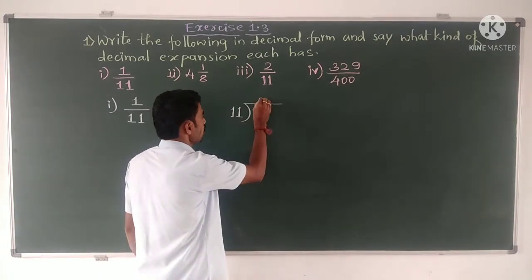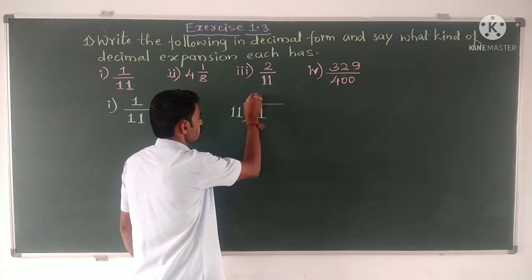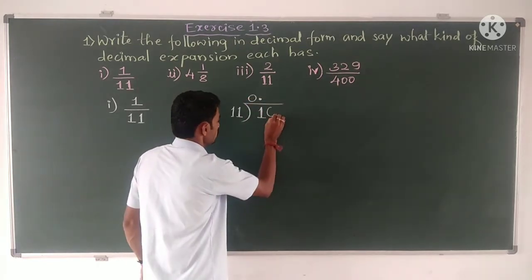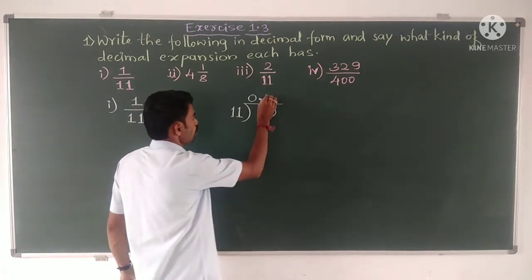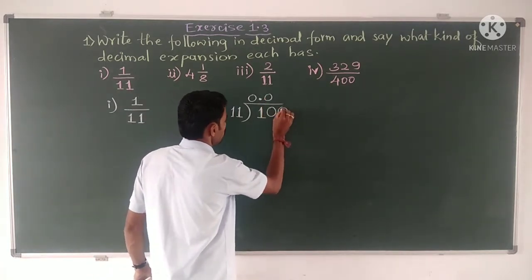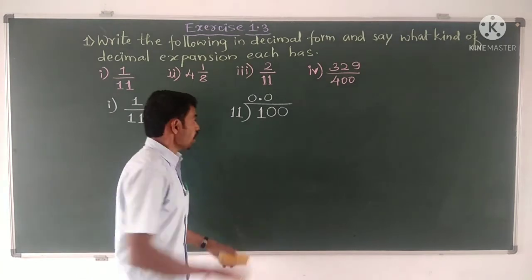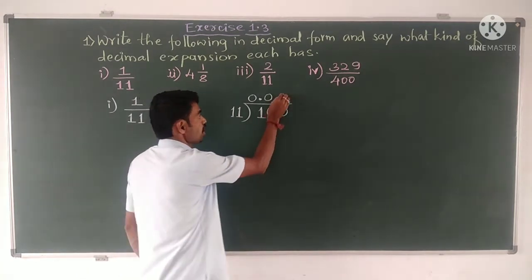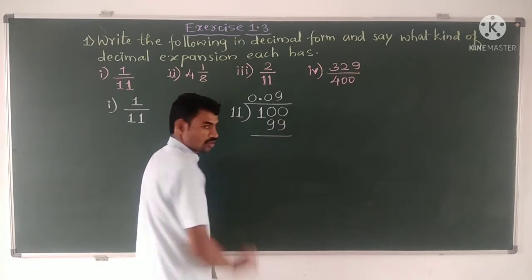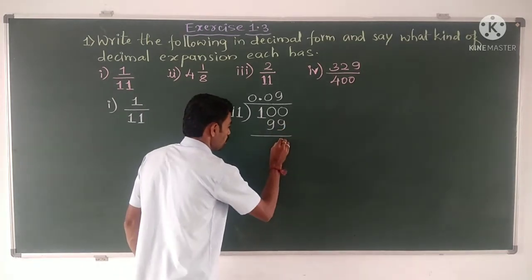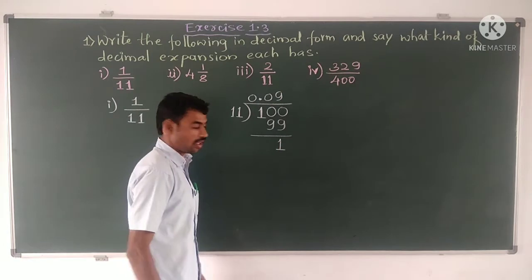No. So here we add a decimal point in the quotient. Then take 0, so 10 is also smaller than 11. Again take 0, it becomes 100. Clear? 11 nines are 99. So what will remain? Again 1 will remain. Clear?